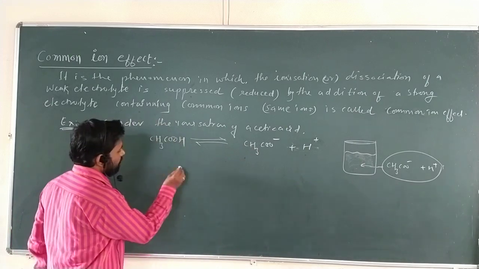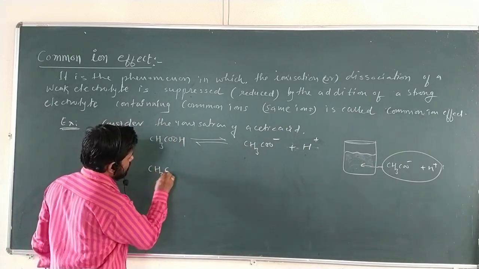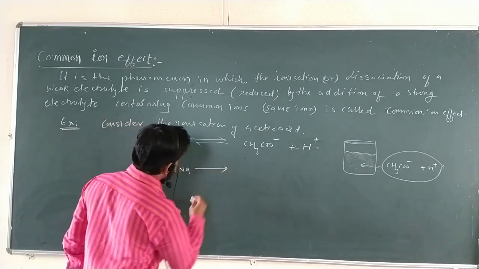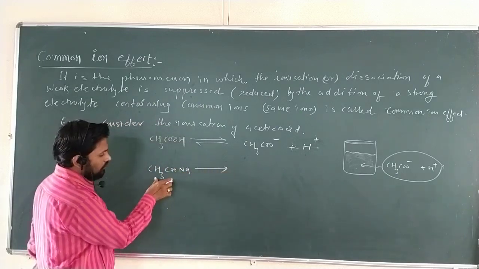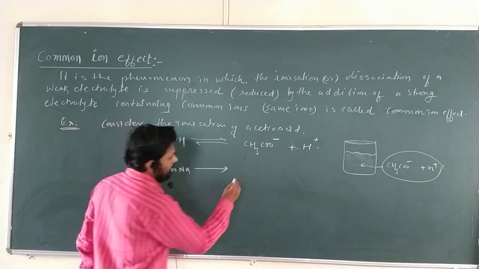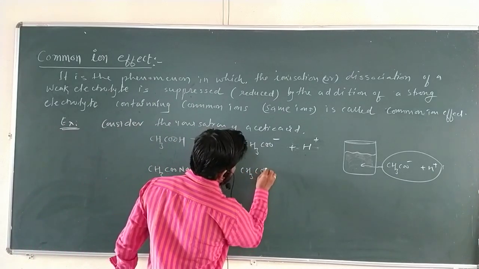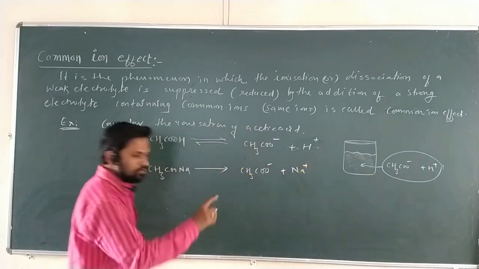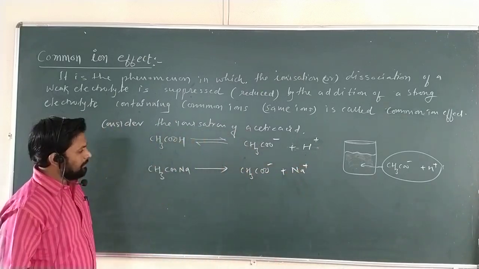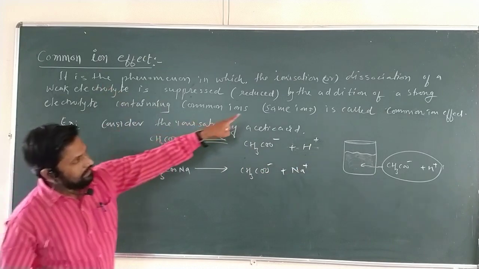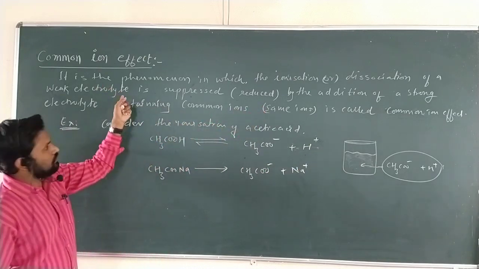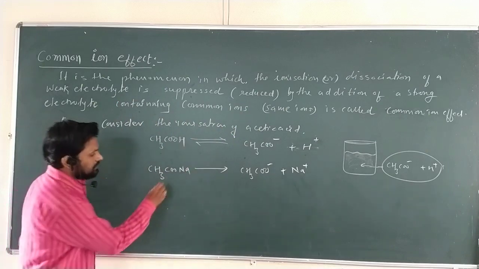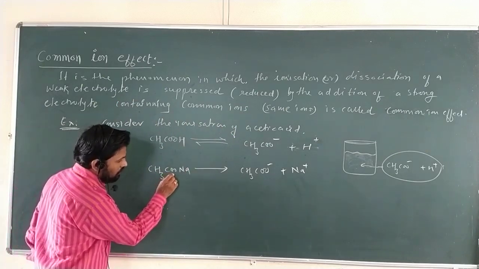For example, if I add CH3COONa, which is a strong electrolyte, sodium acetate, it forms CH3COO minus and Na plus in the same solution. Now see, the ionization of the weak electrolyte is suppressed by the addition of a strong electrolyte, a salt.